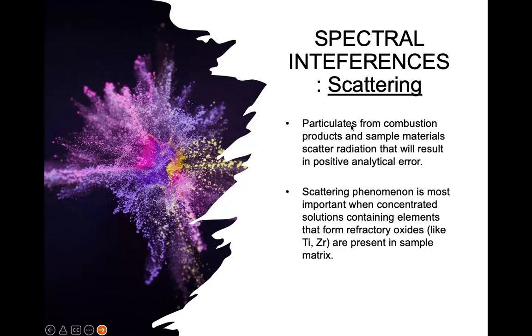Those particulates can repel the light, and you have stray emitted light, scattering. This picture at least gives you some ideas. If you bombard light onto samples with solid particles, they will also repel light. Then you have what we call scattering.